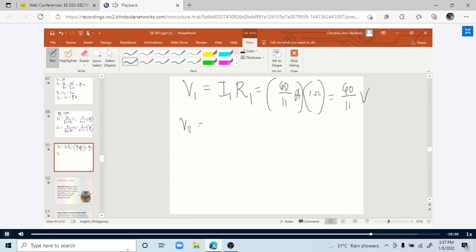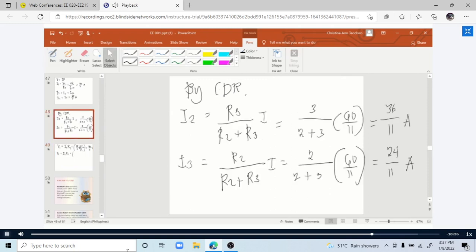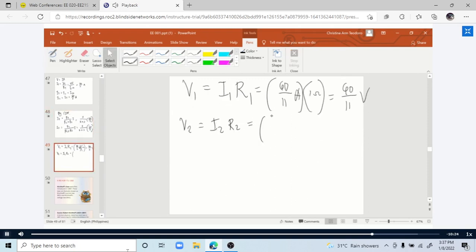Now, V2 is equal to I2 multiplied by R2. What is your I2? Your I2 again is 36 over 11 amperes, multiplied by your 2 ohms.